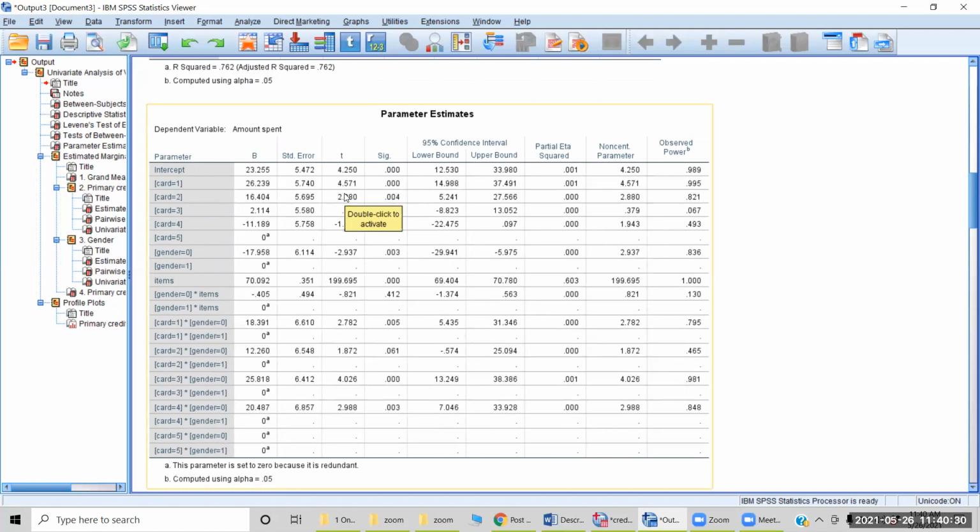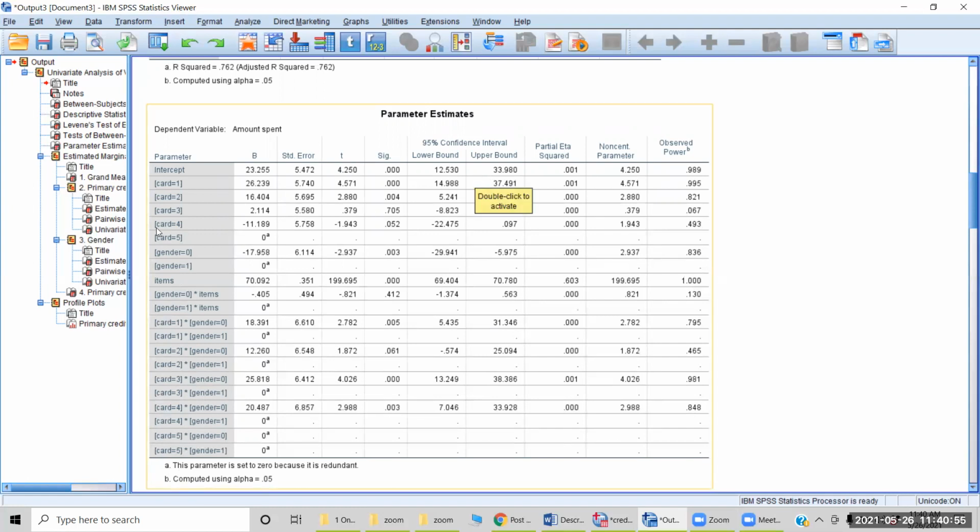So using the rule of thumb, if the absolute value of t is more than or equal to 2, that value is significant. Or reading from the level of significance, the probability, according to the guideline of the statistician, 5% or less than 5% actually proves the significance.